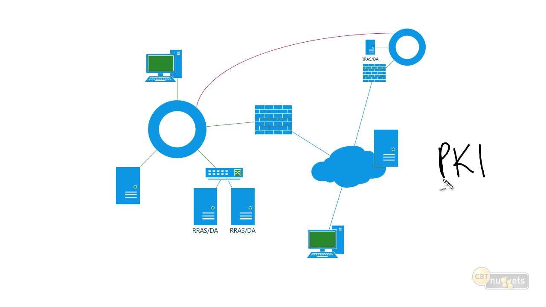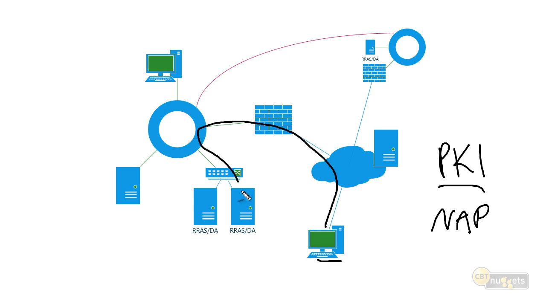And if you're going to do things like forced tunneling or other certain deployment scenarios, having a PKI is still a requirement. If you want strong authentication, you need a certificate deployed out to your client computer, so having PKI is still going to be necessary. If you want to integrate this with network access protection, so that a user who's out on the internet comes into direct access, your network access protection architecture realizes, hey, this guy doesn't have the latest patches.